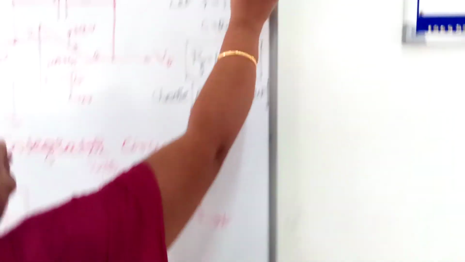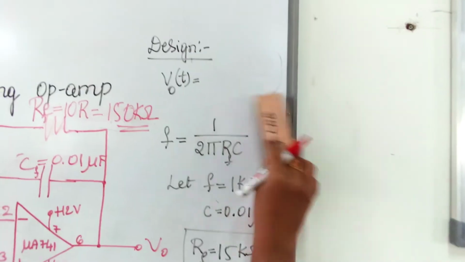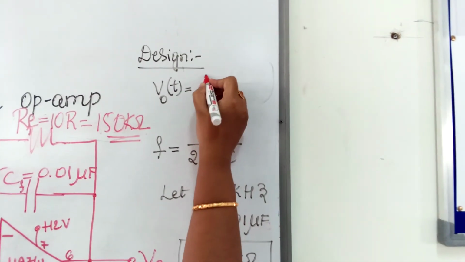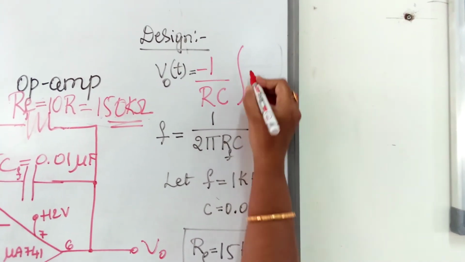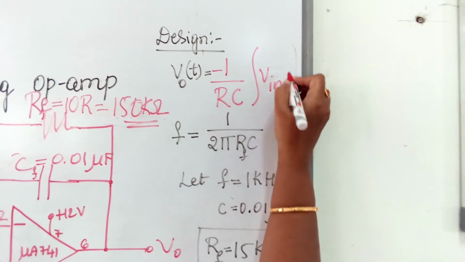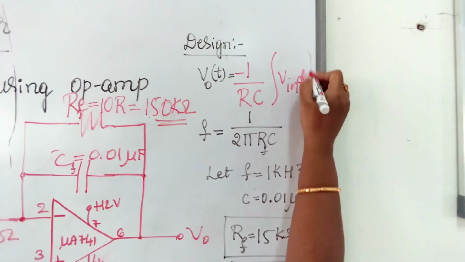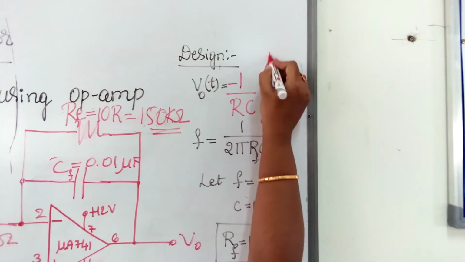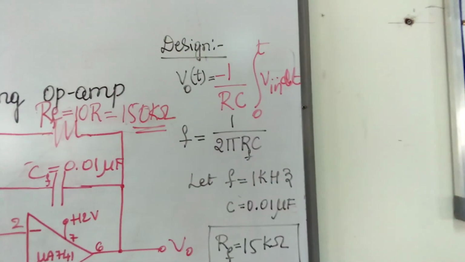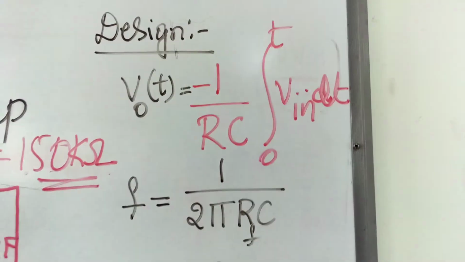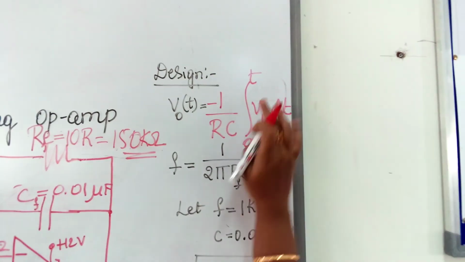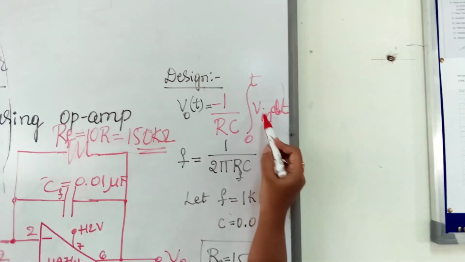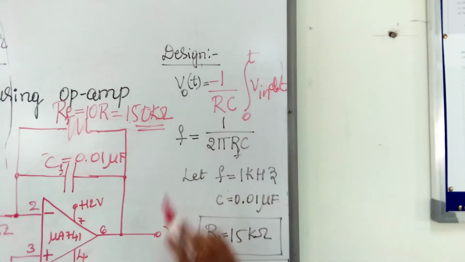Here the output equation for the integrator is minus 1 over RC integration of the input, into dt, ranging from 0 to t. Here RC is the time constant. The output is the integration of the input signal.